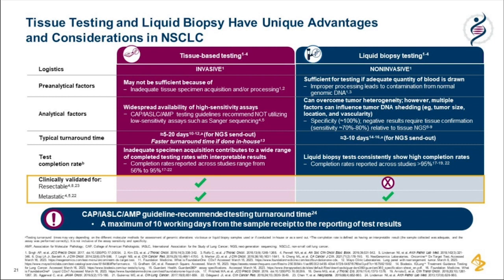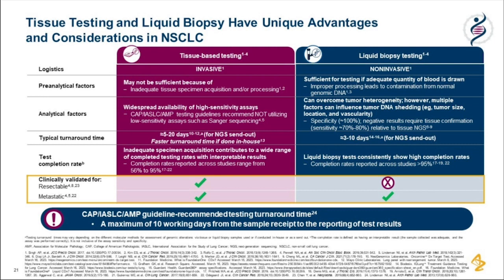Analytical factors: for tissue, you've got widespread availability of highly sensitive assays, which is great. And for plasma, the analytical factors can overcome tumor heterogeneity. However, multiple factors can influence tumor DNA shedding: tumor size, location, and of course, vascularity. When we look at turnaround time for tissue, we're somewhere between 5 to 20 days. With liquid biopsy, this is a huge advantage: 3 to 10 days for next-gen sequencing, including send-outs.